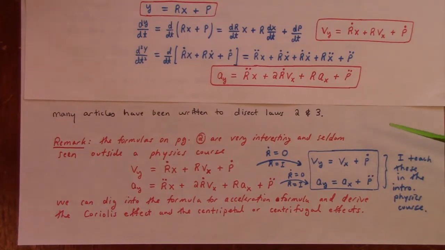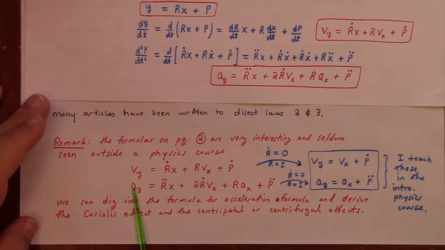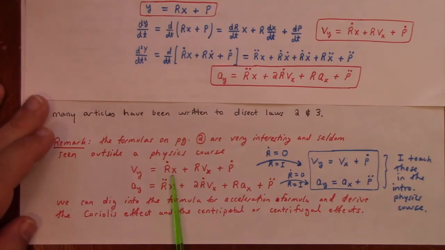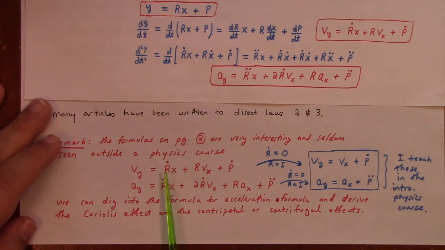Now, however, it's interesting to note that if the rotation between your observers is not constant, if you're not dealing with inertial observers, but you have one observer which is inertial and another which is non-inertial, it can be the case that r dot is non-zero to get from the inertial to the non-inertial.